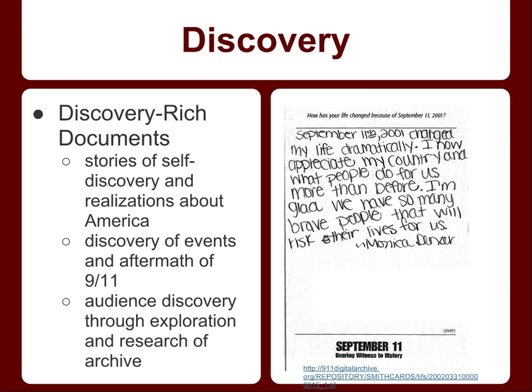A person can go on to the site and discover a lot of things about 9/11 that they never would have known just by browsing through all the different categories. There are also documents of people discovering about the events of 9/11 and the aftermath, so you can read about the discovery of those things unfolding. And the last is that there are stories of self-discovery and realizations about America.